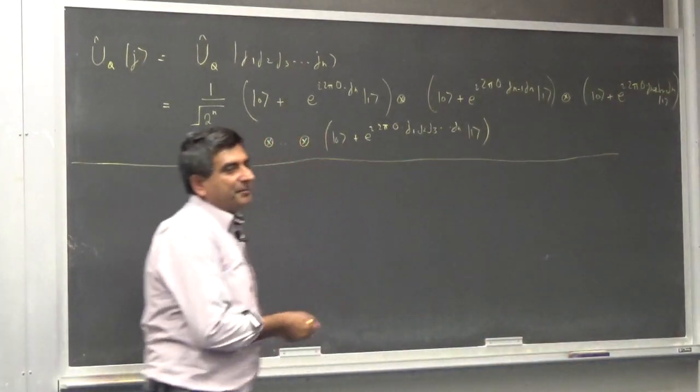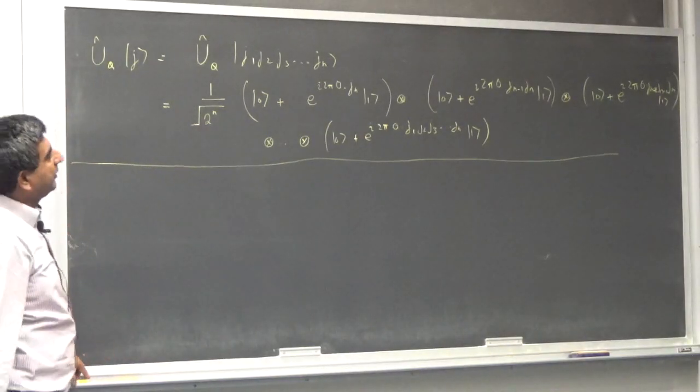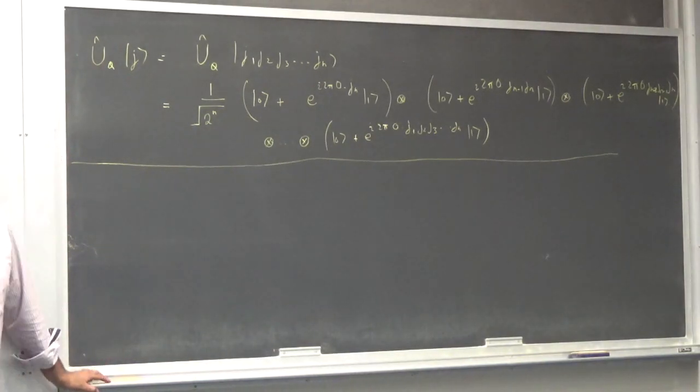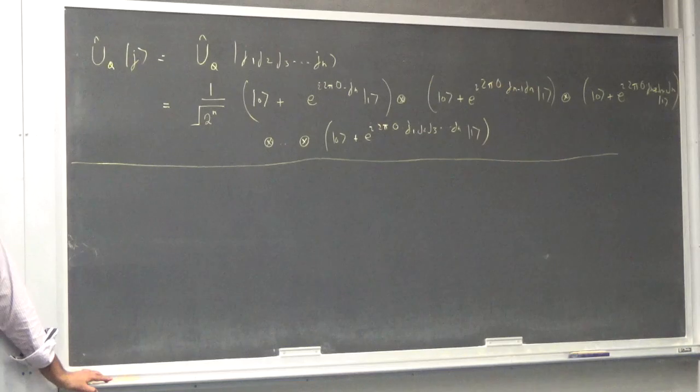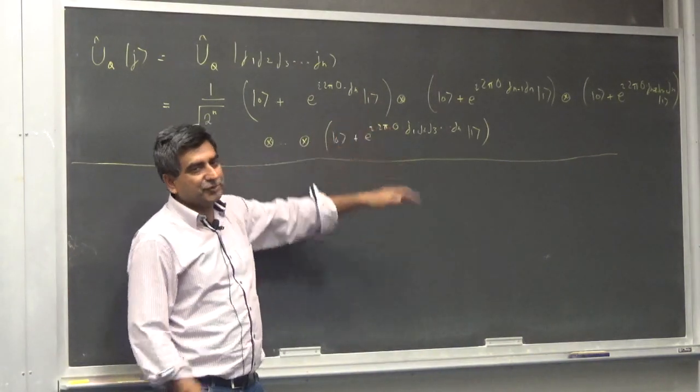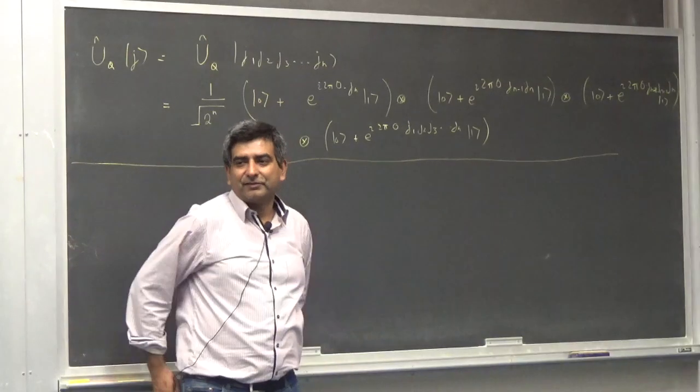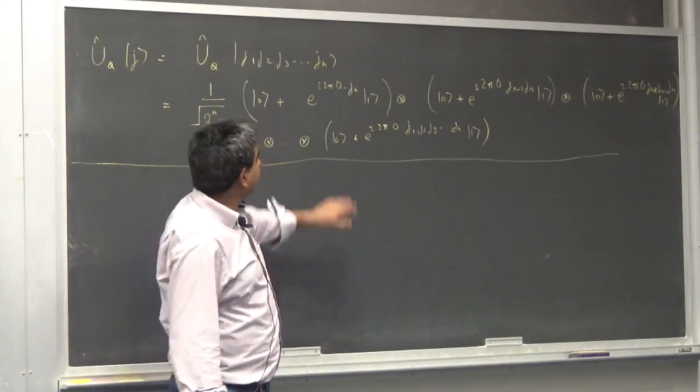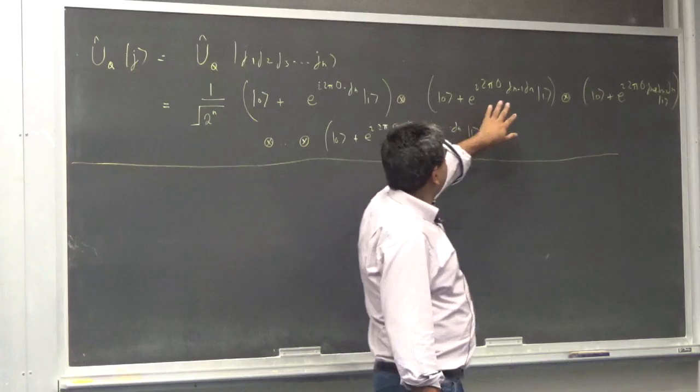So what is really happening here? What kind of circuit do we require to build this thing? It requires Hadamard and phase gates. What kind of phase gates are needed? The phase operation only occurs with ket 1, so it's like a controlled phase. The other thing is that the phases are different.